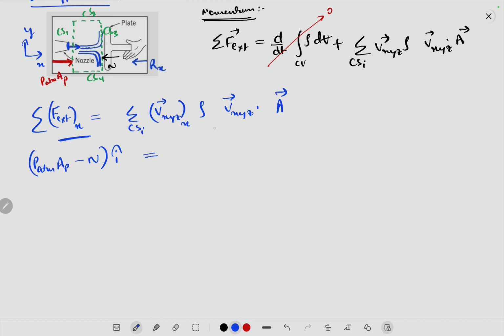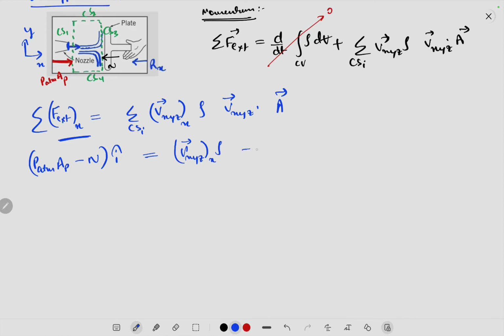now like we did before, we have to take only those surfaces where this Vxyz in the x direction is non-zero. So what are the control surfaces for which this value is non-zero? That is only CS1. So again this will be Vxyz times rho Vxyz, and what is this Vxyz dot A vector for CS1?